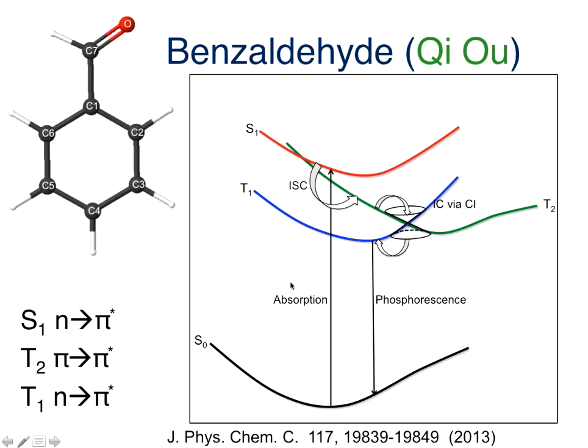So the physics that we think we understand is that you excite benzaldehyde and go up to a singlet surface. Once you're on the singlet surface, you can quickly go into a triplet surface. This is actually according to El-Sayed's rule, which says that n to pi star and pi to pi star transitions are very well coupled, which is true. In this case for benzaldehyde, that's what we have.